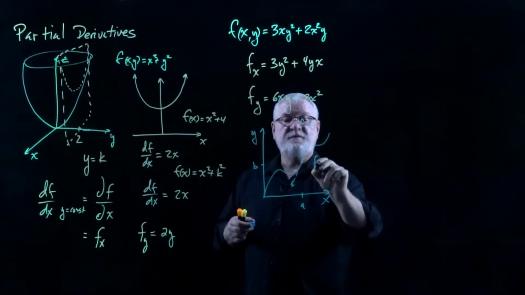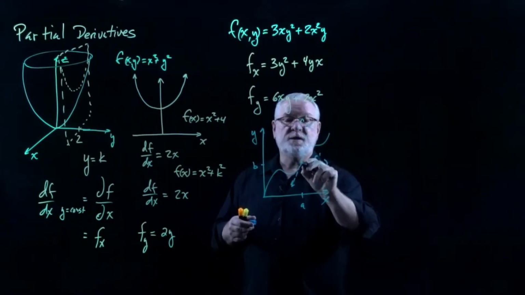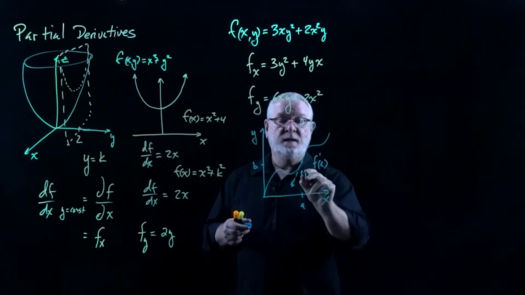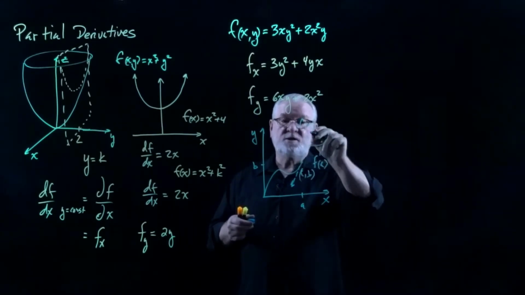In other words, f prime of a would be the slope of this line right here.